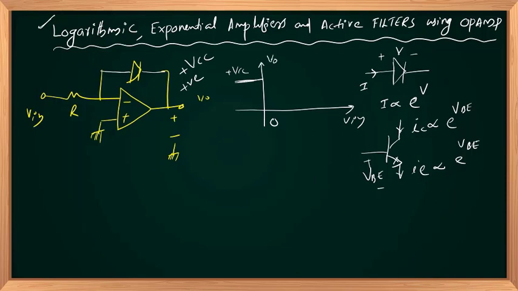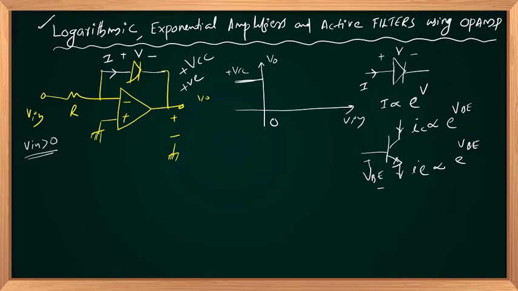Let us see what will happen if Vin is greater than 0 or positive. For positive values of Vin, there exists a diode current because the diode is forward biased, and that diode current is proportional to the voltage across the diode.